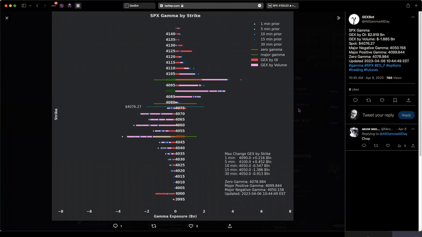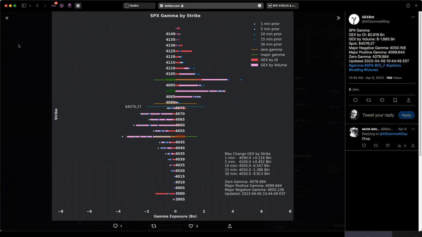So the fact that here the spot price came down, thereby accentuating the extent of the bars on the put side, and yet the 4090s still gained, means that there was some serious volume hitting the 4090s. Not to mention that the 4100s, aside from this one 10-minute prior dot, stayed relatively consistent over that time period.